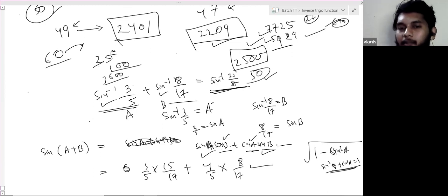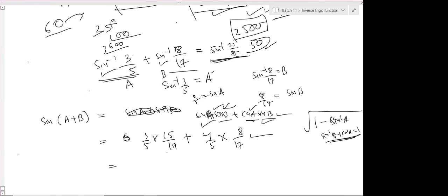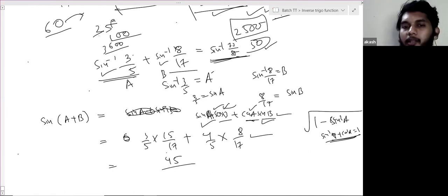All right, you check the values. This will be correct because we already solved for that. So 15 into 3 is 45 upon 17 into 5 is 85, plus 4 into 8 is 32 upon 85. So this is 77 upon 85.